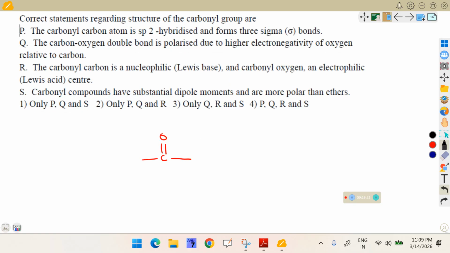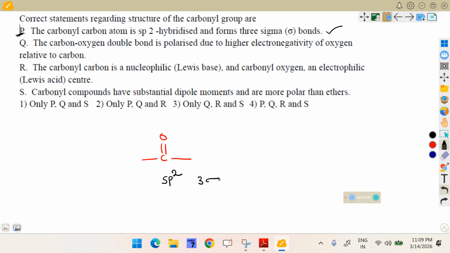The next question is about correct statements regarding the structure of the carbonyl group. First, statement P: the carbonyl carbon atom is sp2 hybridized and forms 3 sigma bonds. Yes, statement P is correct.